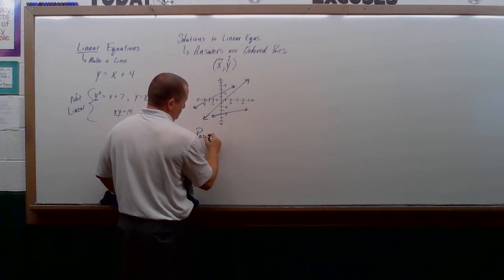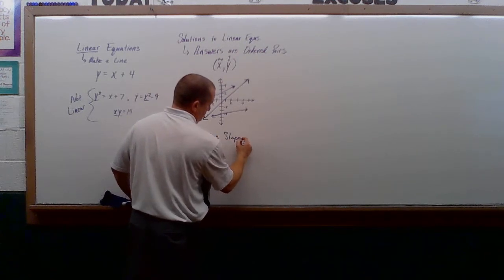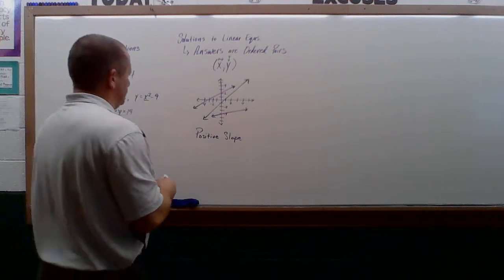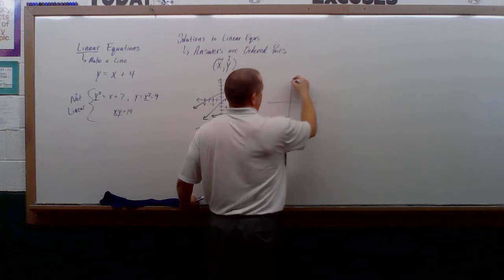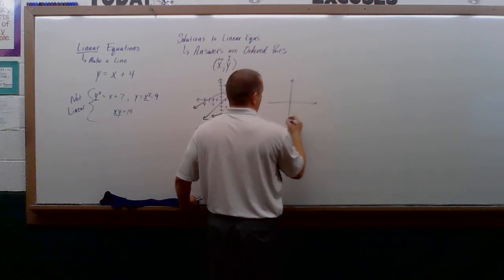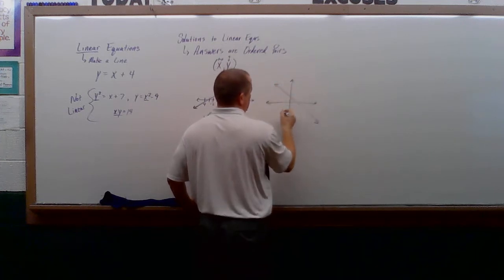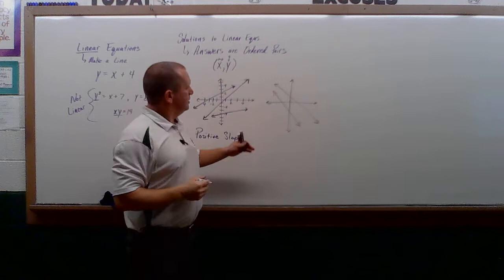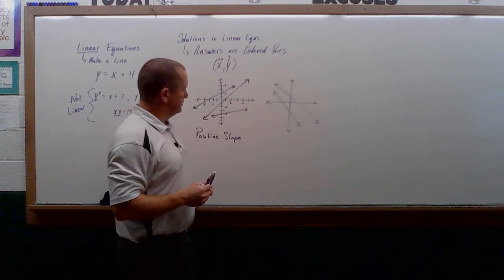And again, we'll get into more about the slopes and everything in the next couple of days. But we just want to introduce what you could possibly make today. And then we could have negative slopes. So now we're going in the opposite direction. And again, it doesn't matter how steep it is or how shallow it is, but now we're looking at something from the top left to the bottom right.